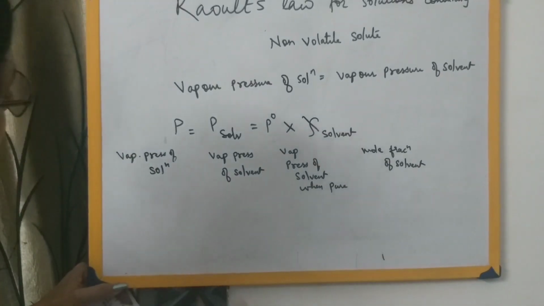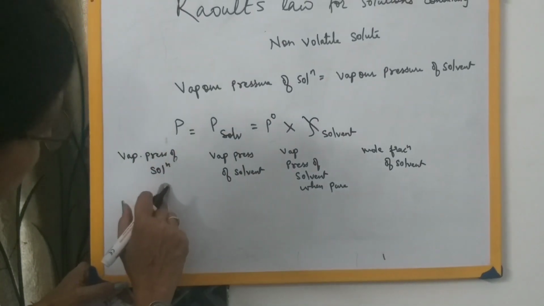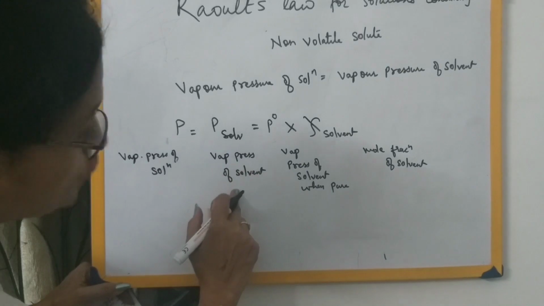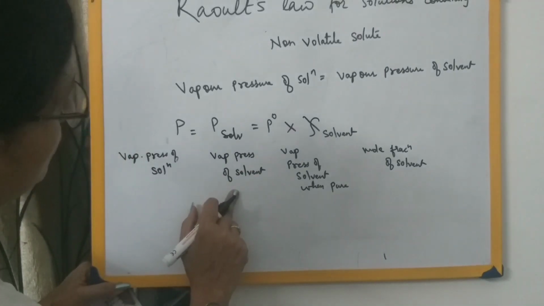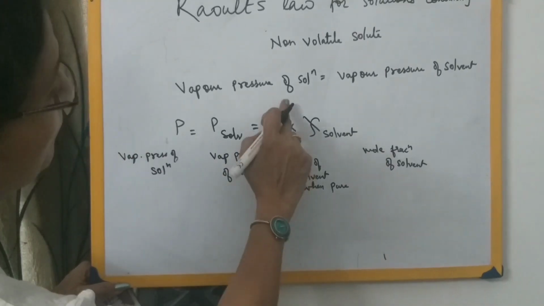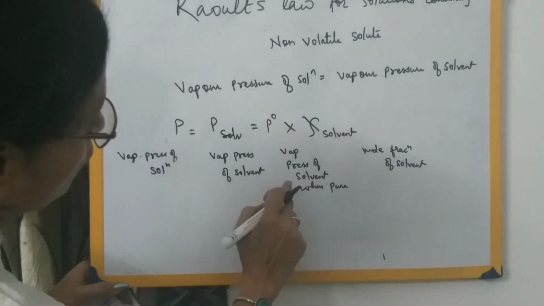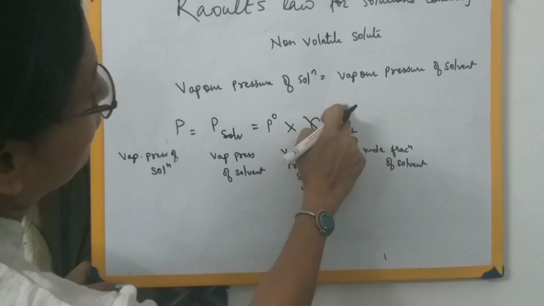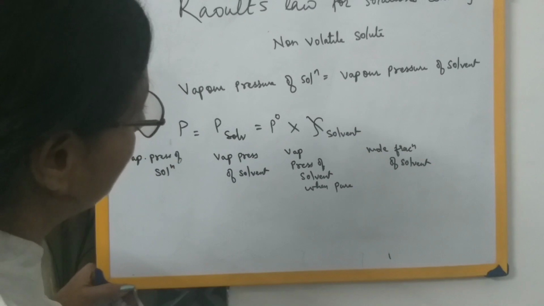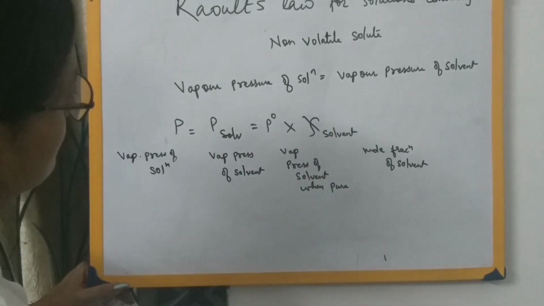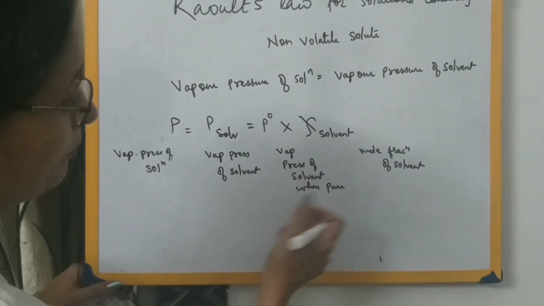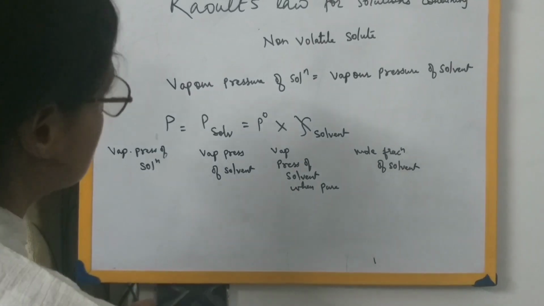Or it can also be said that the vapor pressure of the solution is equal to the vapor pressure of the solvent, which is equal to the product of the vapor pressure of the solvent when in the pure state and the mole fraction of the solvent. Clear? From this relationship, we can just state Raoult's law now.